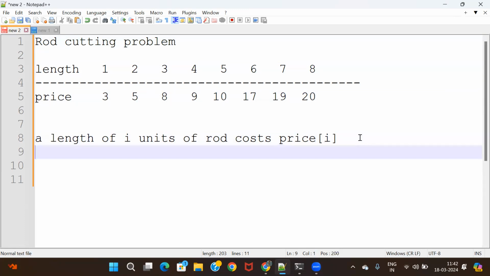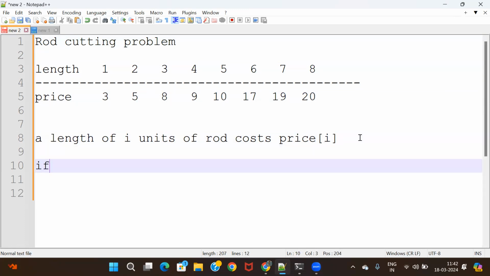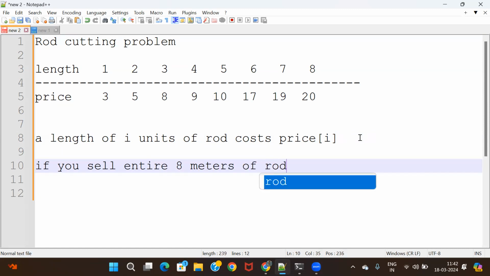Now, if you sell the entire 8 meters of rod as a single piece, you get, sorry, 20 units of money.